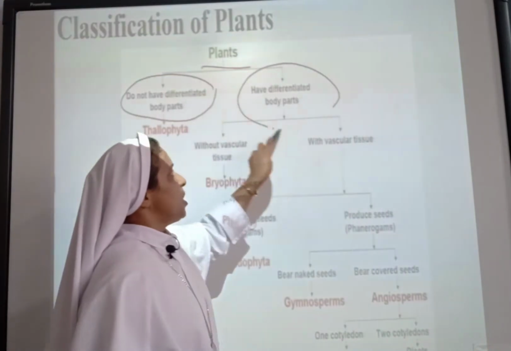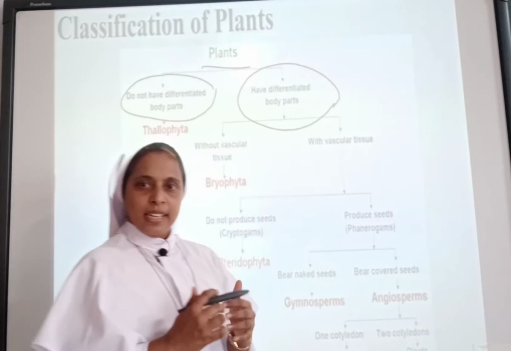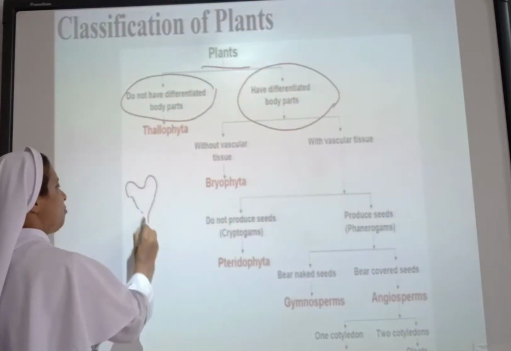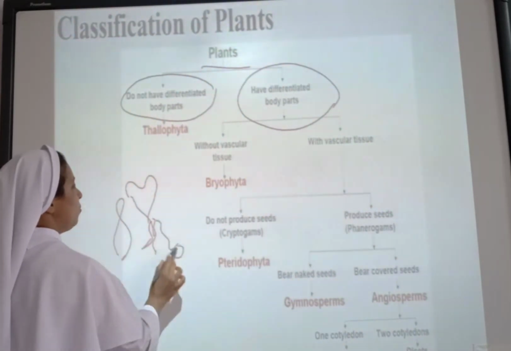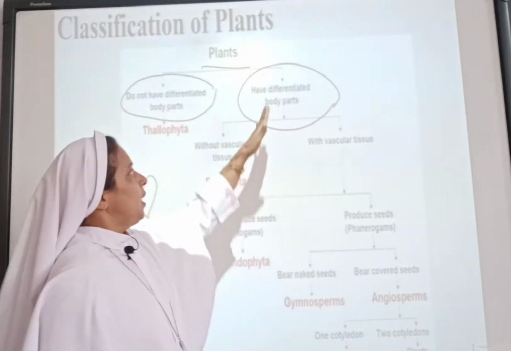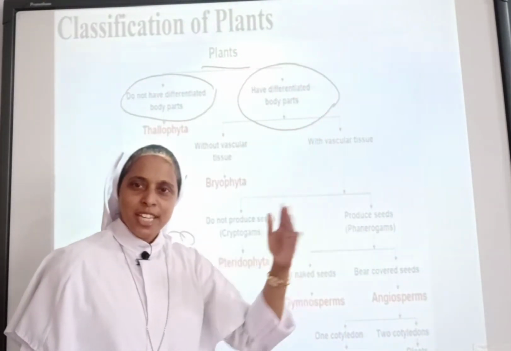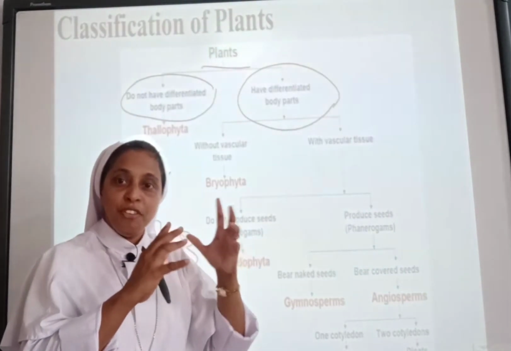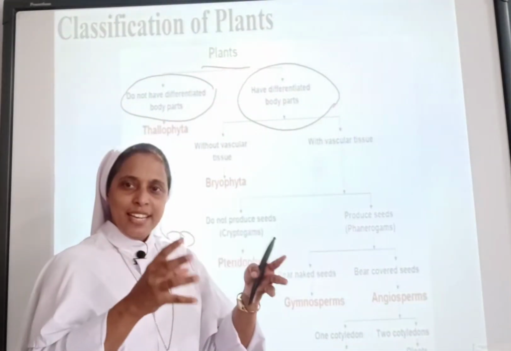As I told you in the previous session, differentiated means whether the plant is differentiated into roots, stems, leaves, or flower. Differentiation means differentiated into roots, twigs, leaves, stems, etc.